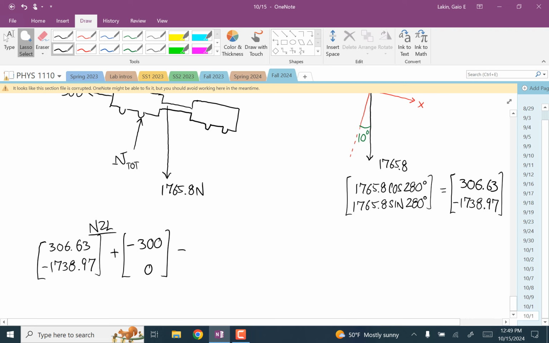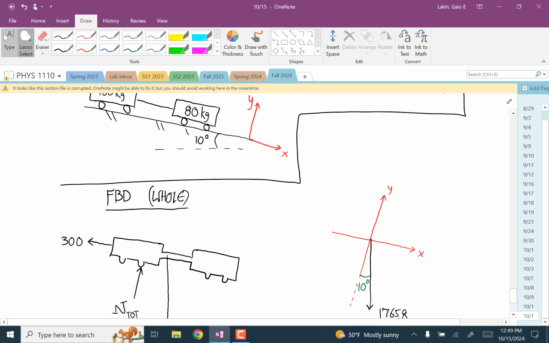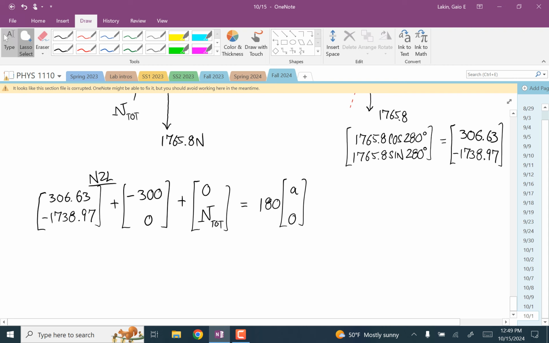And then there's the normal force, that's 0 in total. And all this is equal to the total mass, that was 180, times the acceleration, a. And we're just doing this to calculate the acceleration.